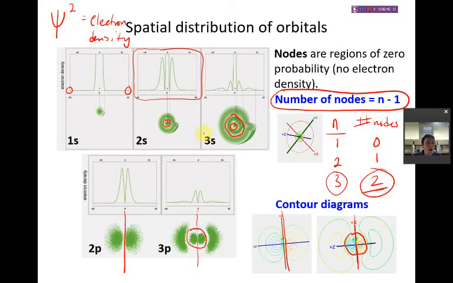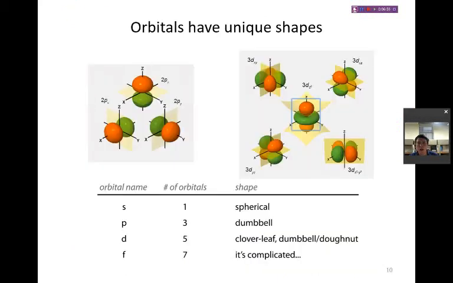The most common ways that you'll want to be thinking about them is this way here, the pointillist distribution. And then another way that we commonly represent them is using these boundary surfaces. The boundary surfaces represent where there's approximately a 95% probability of finding those electrons.